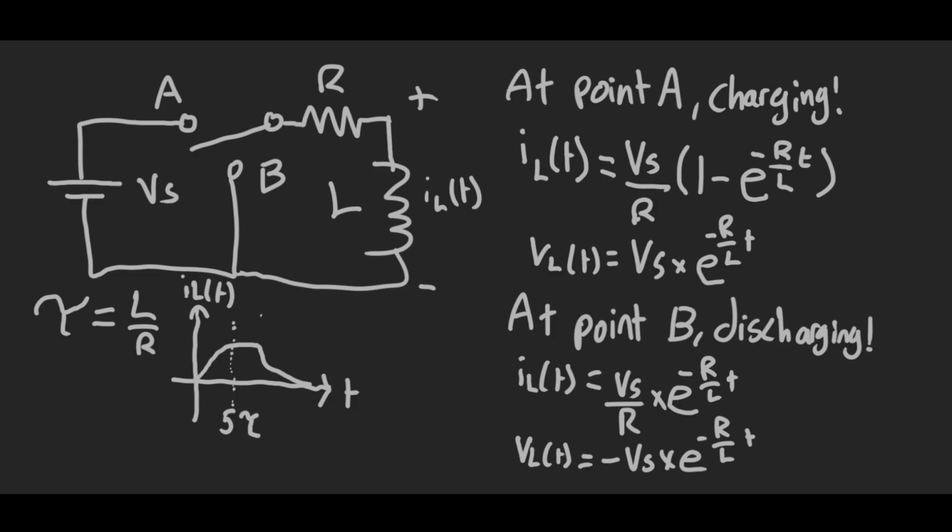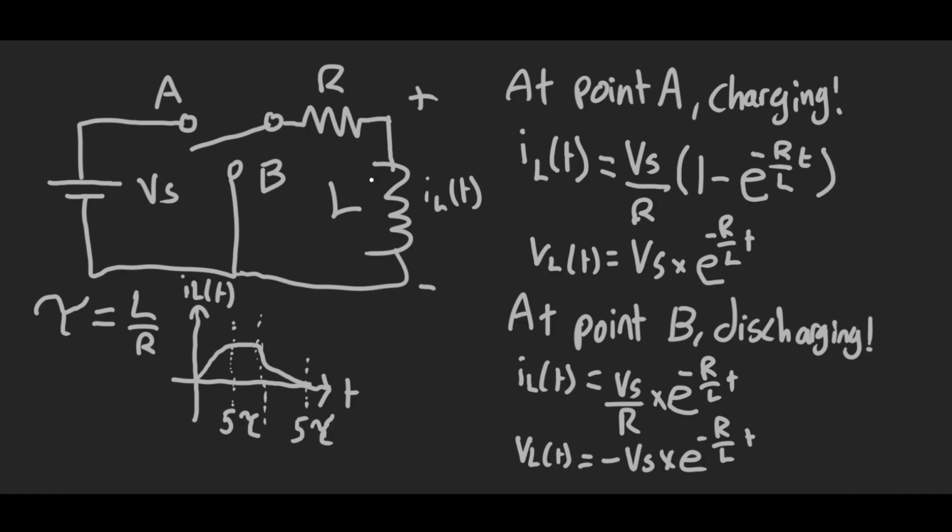And this is the time of discharging. And here is 5 tau again. So you don't just add on 5 tau each time, because you could discharge at any random time, not 5 tau. So that's something you need to be aware of as well when plotting these results.